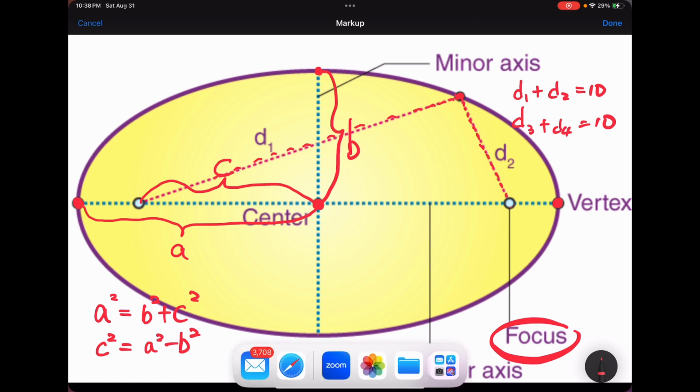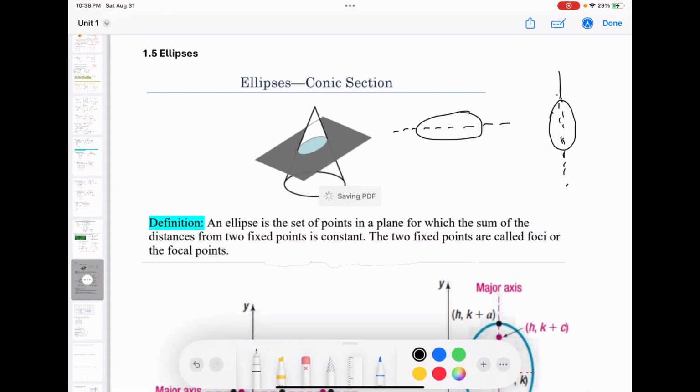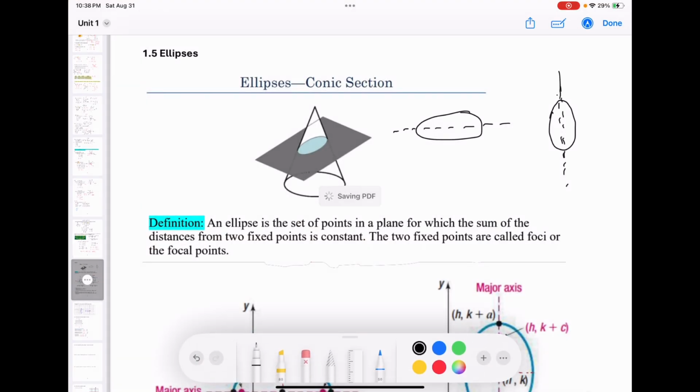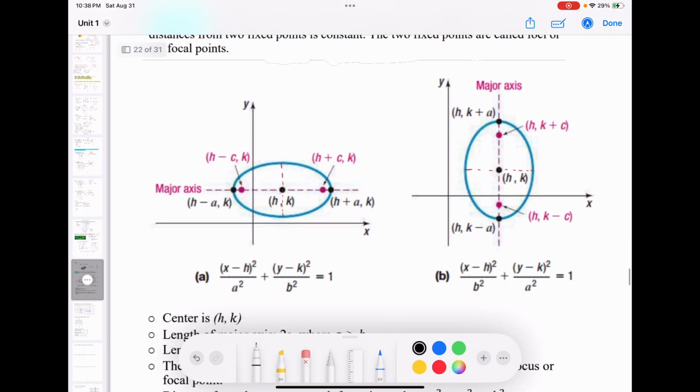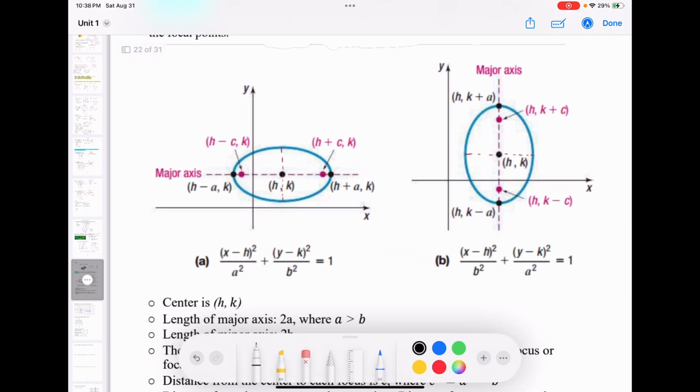All right, let's come back to our lecture notes. Let's see the next 2 images. In the first one, the major axis is horizontal, parallel to the x-axis, and the center is (h, k). Based on (h, k), we move to the left and the right a units, so the distance is a, and then we can find our vertices.